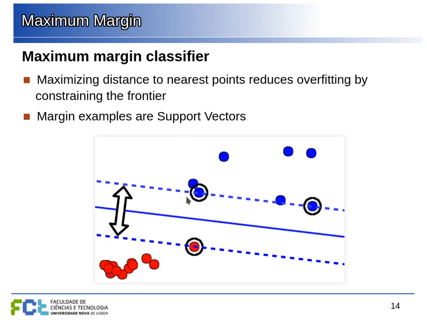The distance to the nearest points would be the margin, and a maximum margin classifier will move the discriminant so that it maximizes the distance to the nearest points. It will end up being halfway between the closest points of different classes, because that is the way to maximize the distance from the discriminant to the points.